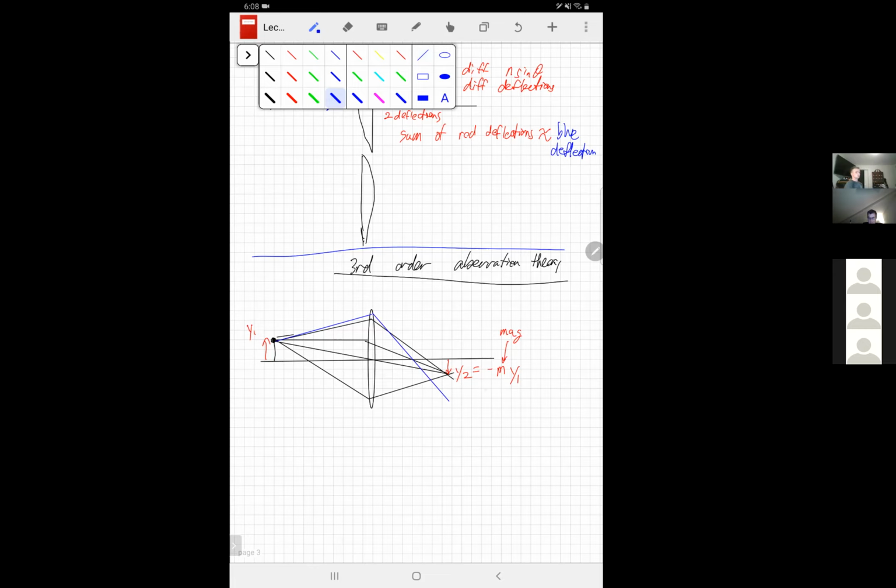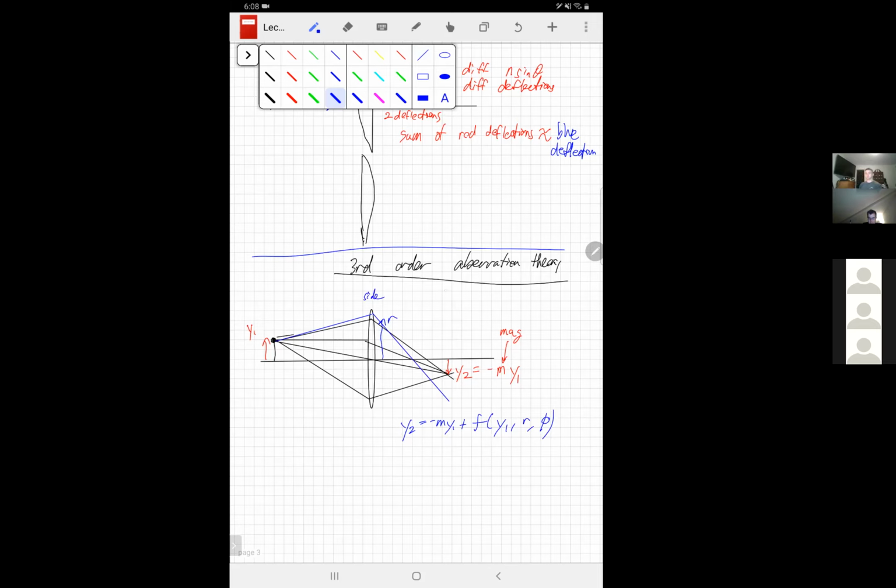It depends on some function of y1, r, how far up on the lens it hits, and an angle. This is a side view.